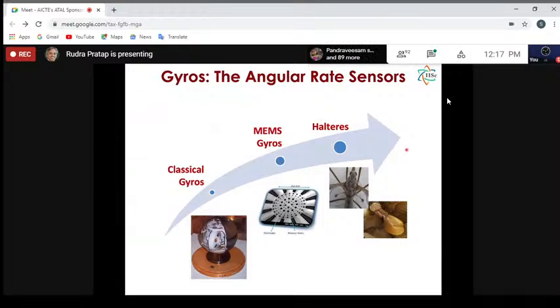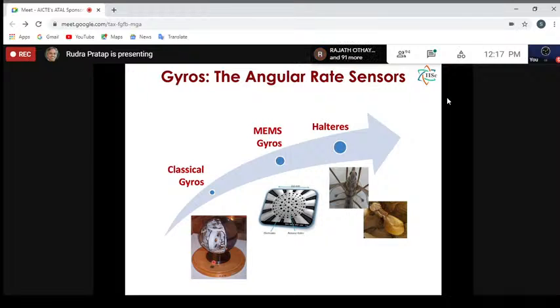Okay, so let me show you a gyroscope, right? Gyroscopes are transducers that measure angular rotation, right? The mechanical gyroscopes usually have a rotating spinning disc which spins at very high RPM, and its angular momentum is conserved.